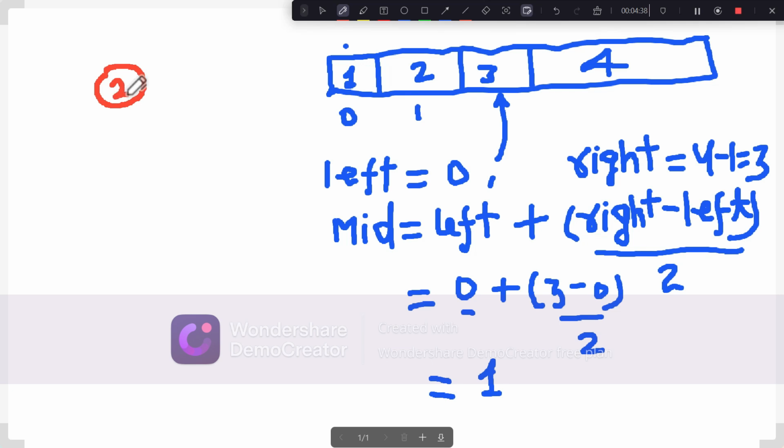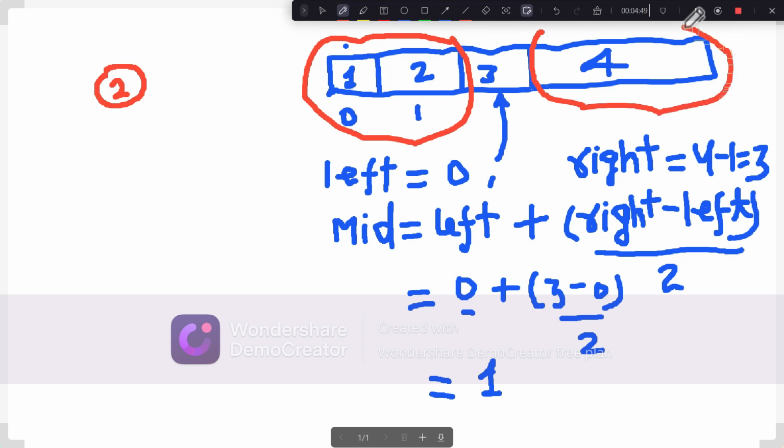Now for this root node we have to call the same function on the left side as well as on the right side of it. What would be the left child of it? The left child would be whatever value comes from the left side, and the right child would be whatever comes from the right side.